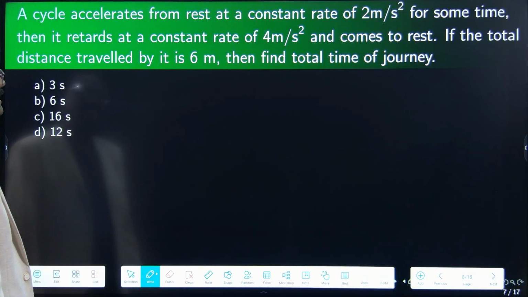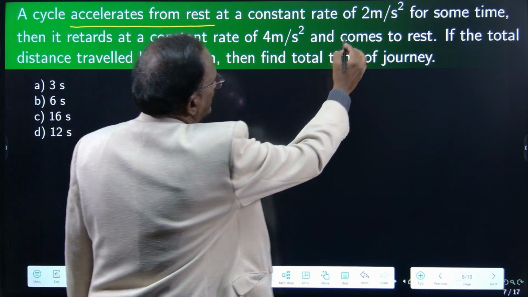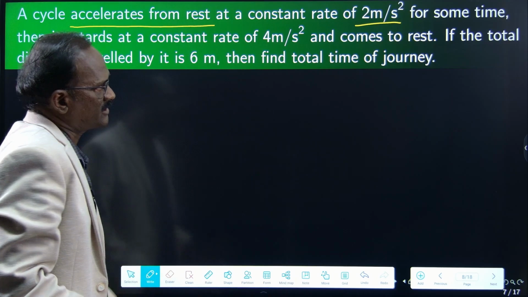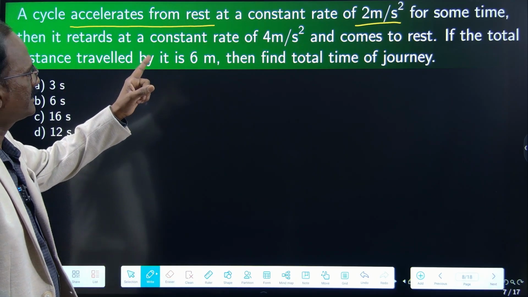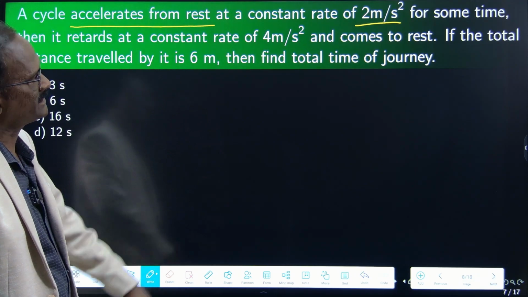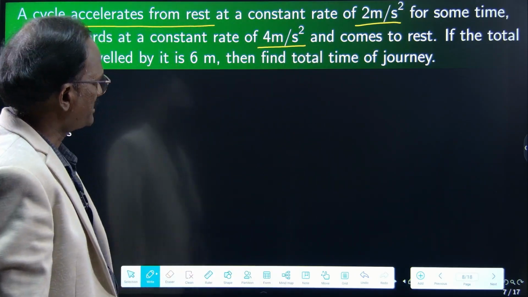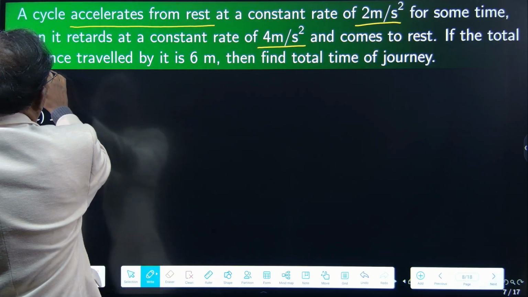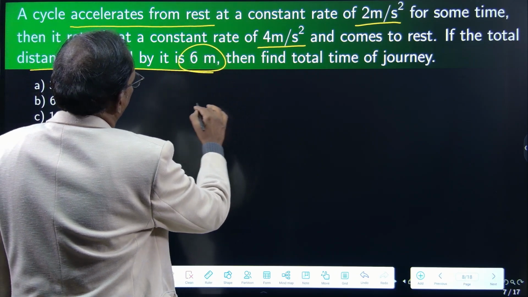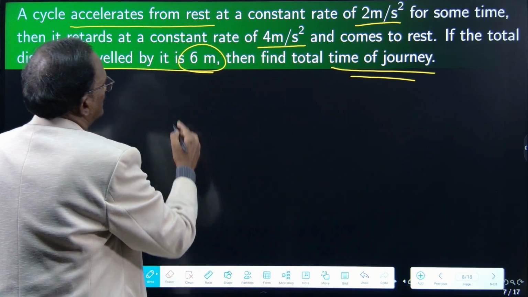Next problem, a cycle accelerates from rest at a constant rate of 2 meter per second square for some time. Then it decelerates at a constant rate of 4 meter per second square. Retardation is 4 meter per second square and it comes to rest. If the total distance traveled by it is 6 meter, S value is 6 meter, then time of journey is asked.